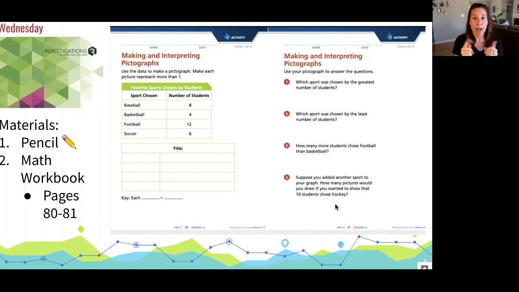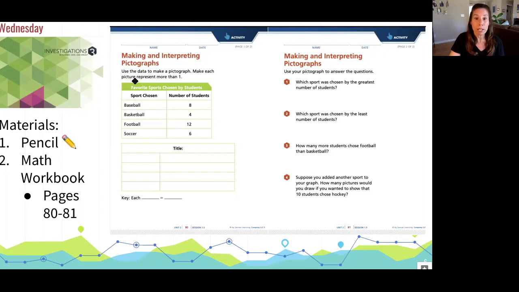Okay, now let's look at page 80. Hopefully you're on page 80. Read with me. Making and interpreting pictographs. We are right here on page 80. Use the data to make a pictograph.